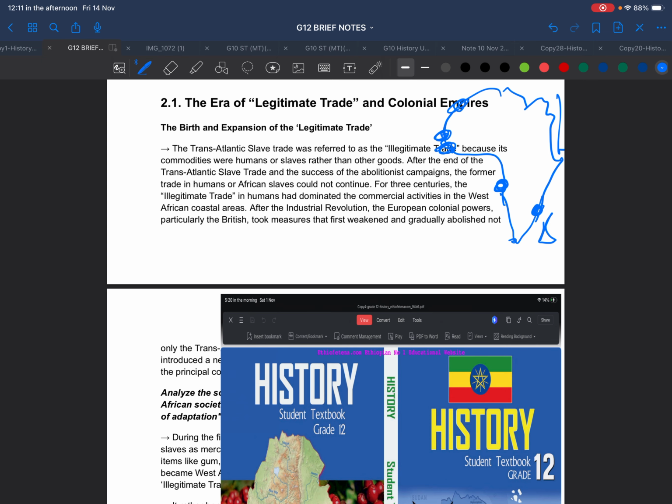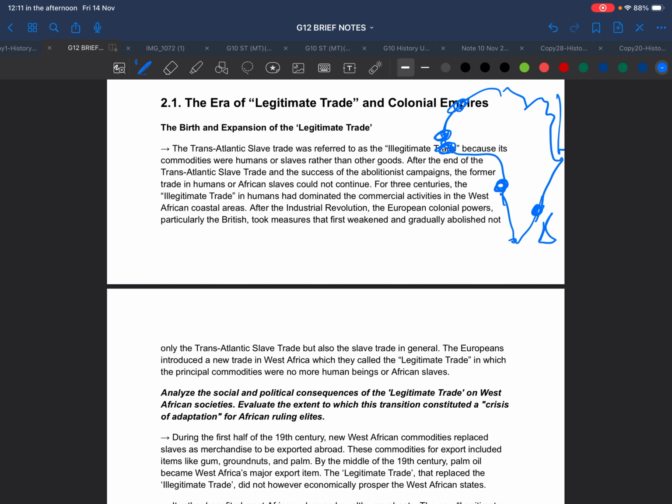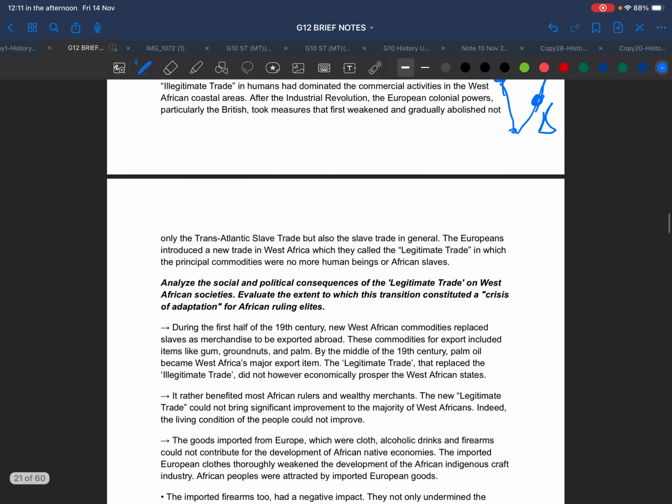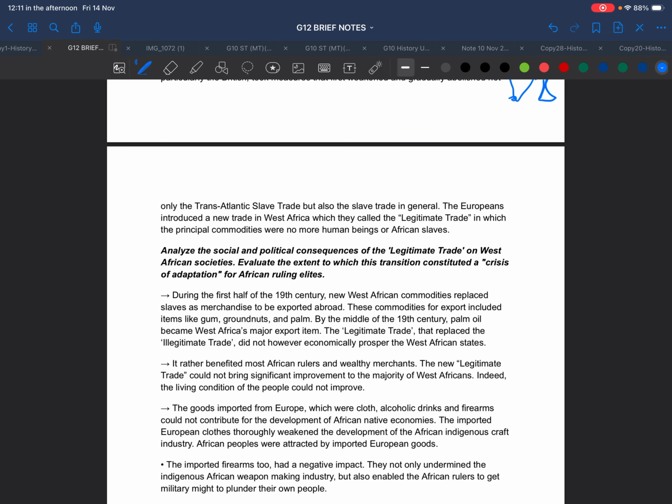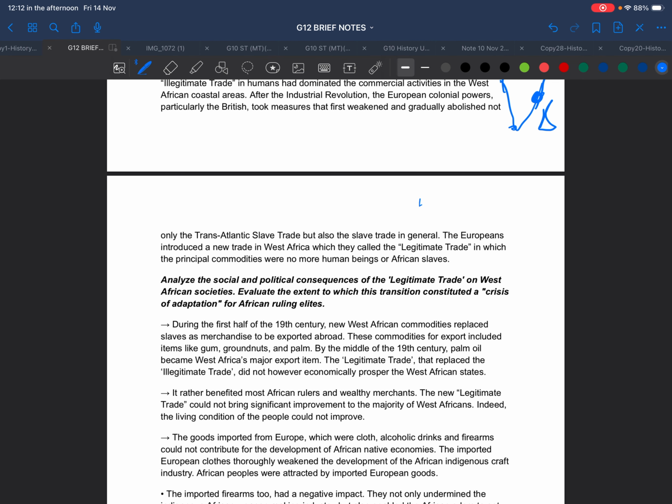After the Industrial Revolution, the European colonial powers, particularly the British, took measures that first weakened and gradually abolished not only the transatlantic slave trade, but also the slave trade in general. It was England, the British, who first practiced the Industrial Revolution, and they found that it was in conflict with the existence of the transatlantic slave trade.